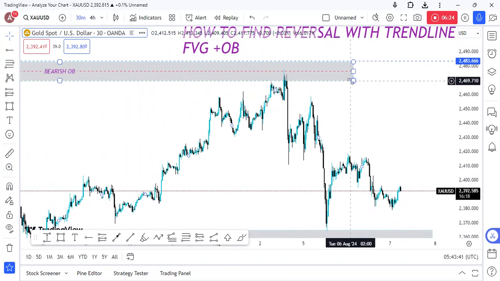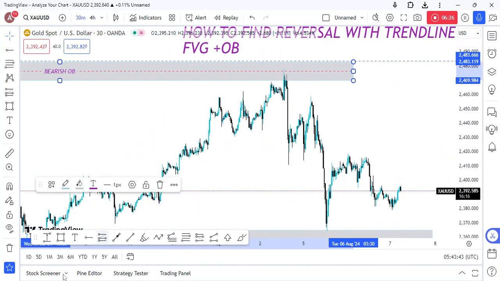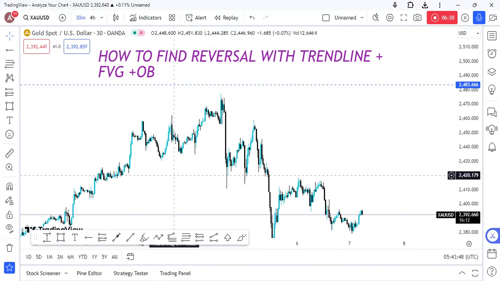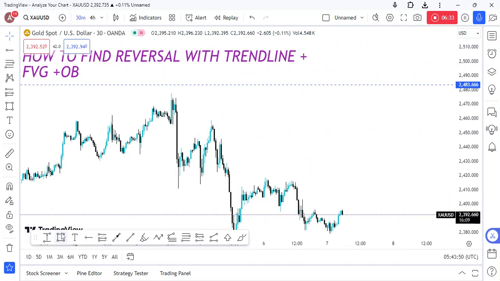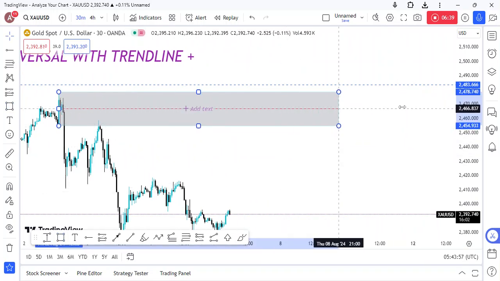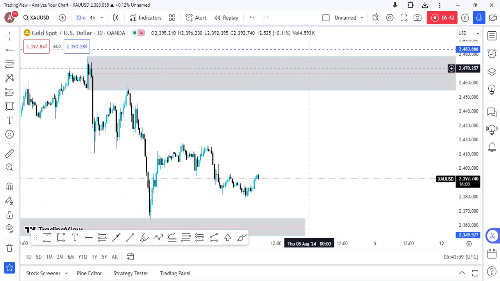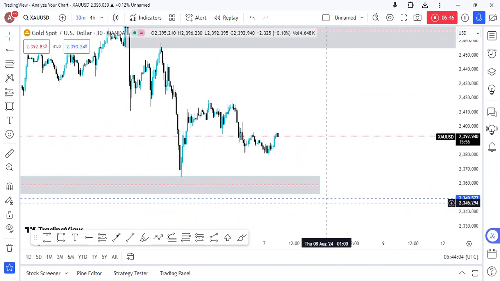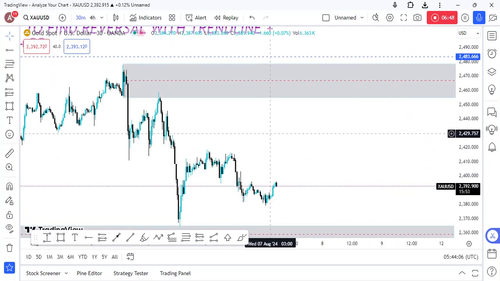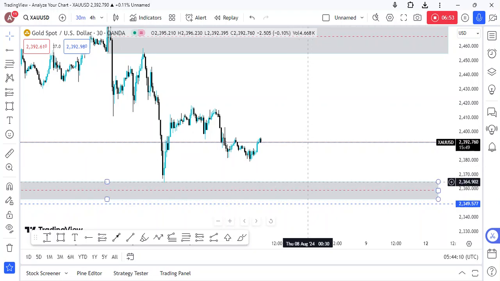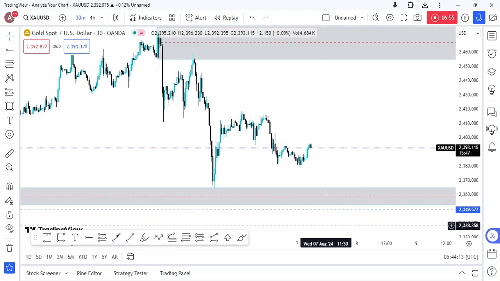For this one, the last bullish candle before this downward move, when price comes here again I'll sell again, until it breaks it, retests it, and I buy. Until it breaks it, it is still going to respect it. By default, when market touches this one, I will sell. By default, when market touches this one, I will buy. So this is my demand.